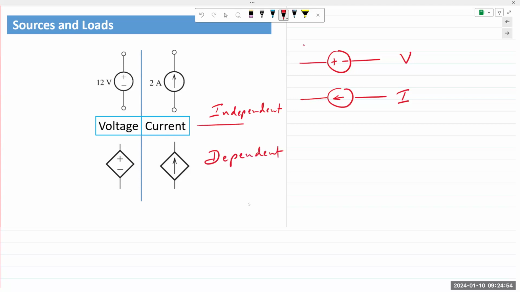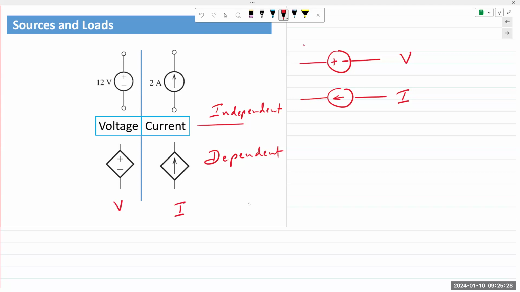Now, you need to understand this is purely theoretical. Use these for analysis and calculation purposes. In theoretical or real life, a dependent source is used to signify a quantity that is dependent on some other part of the circuit. So this is a dependent voltage source and this is a dependent current source.